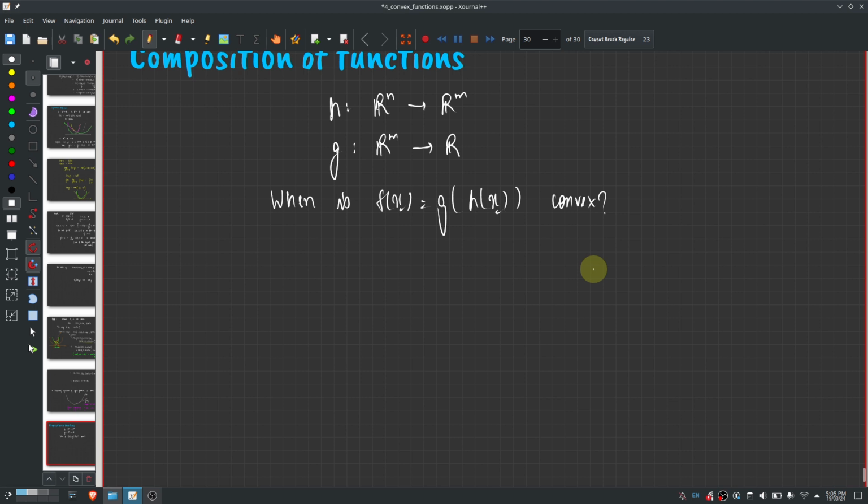Let's take an even simpler example where both h and g are functions on R. How would you try to approach this problem?